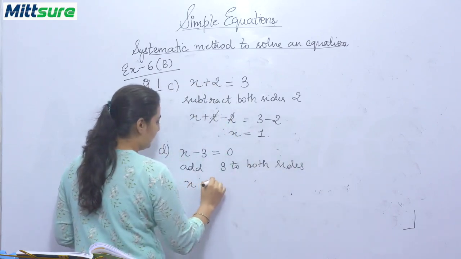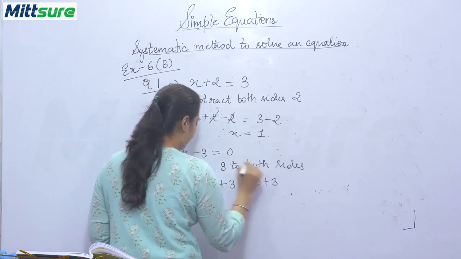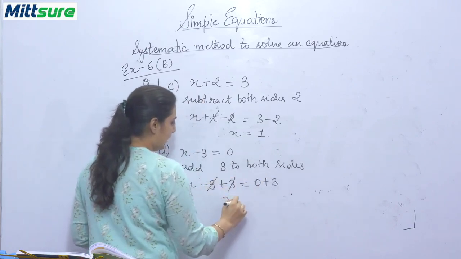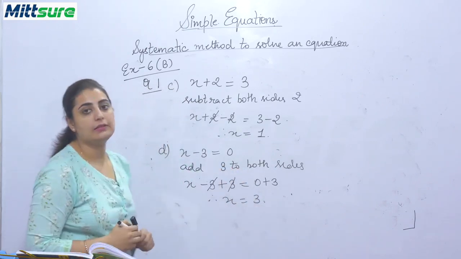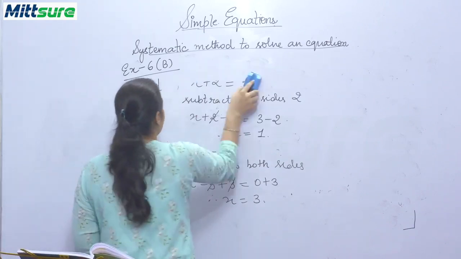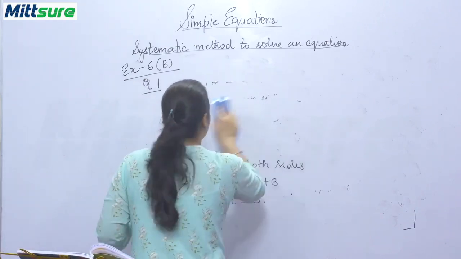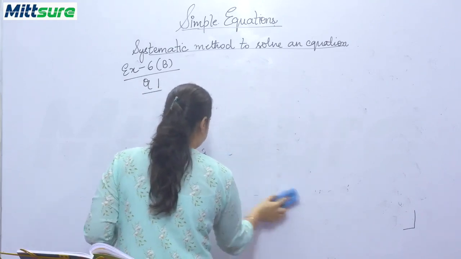X minus 3 plus 3 equals to 0 plus 3. So this cancels. X is equal to 3. The solution for x comes here to be 3. Now next we have E and F part. Let us see how we will do those parts.